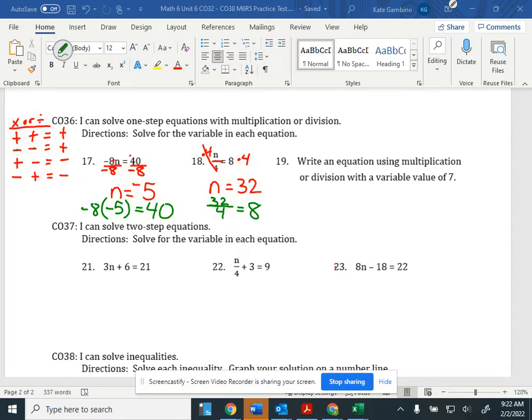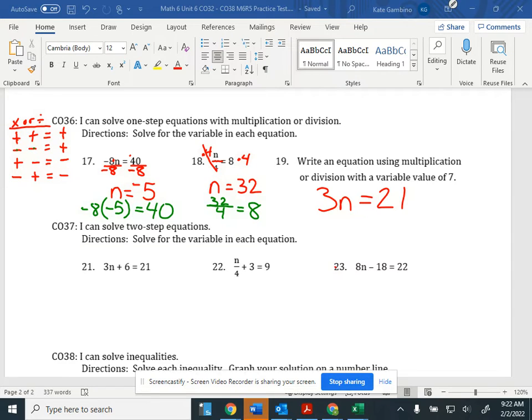So now I want to write an equation using multiplication or division with a variable of 7. Who can give me an example of this? What would be a good example? Josie? 3n equals 21.